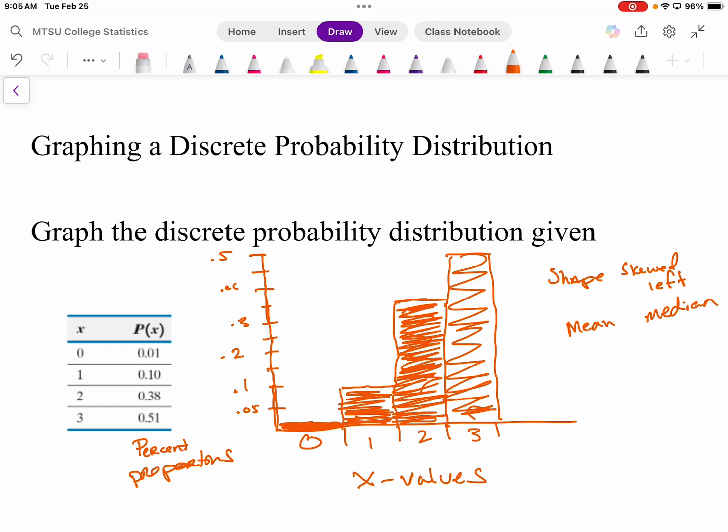Earlier on in the sections, we learned that when it's skewed left, basically whichever way it's skewed, the mean goes to that side. So since this is skewed left, that means that the mean is dragged to the tail, which means the mean is going to be smaller than the median. Whereas if it's skewed right, and we have a lot of small data and some big outliers to the right, and not as frequent, then the mean is bigger.